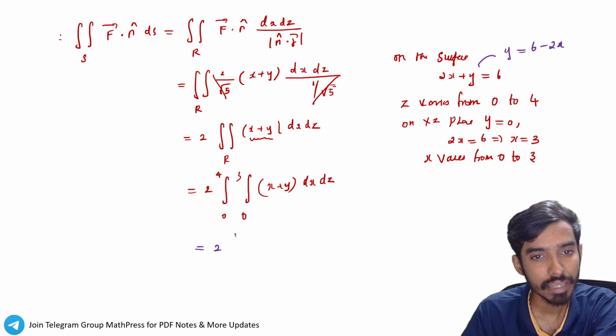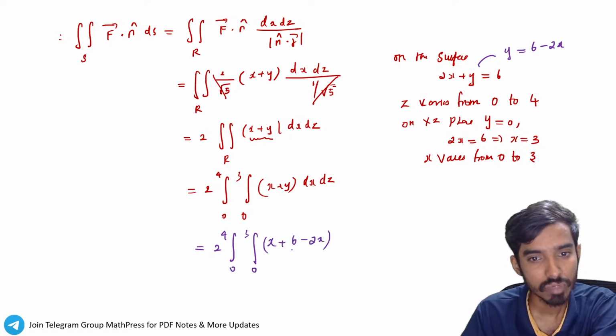Therefore this will be 2 times the integration of 0 to 4, integration of 0 to 3, where y is 6 minus 2x, dx dz.